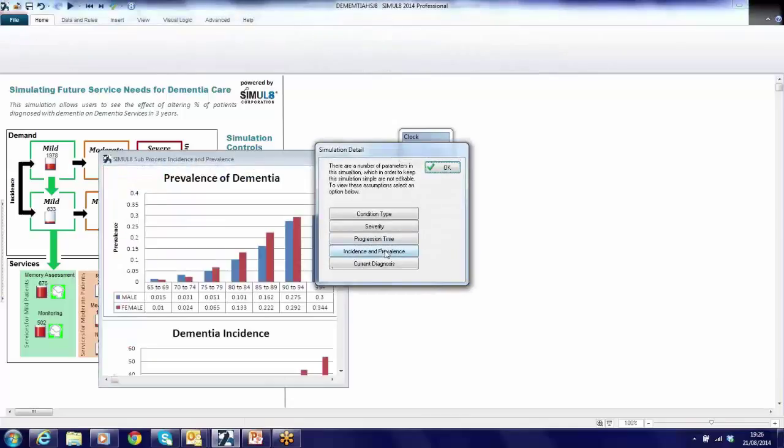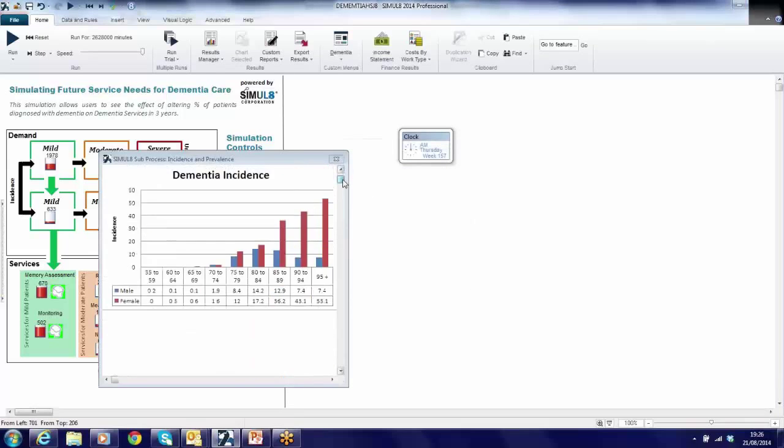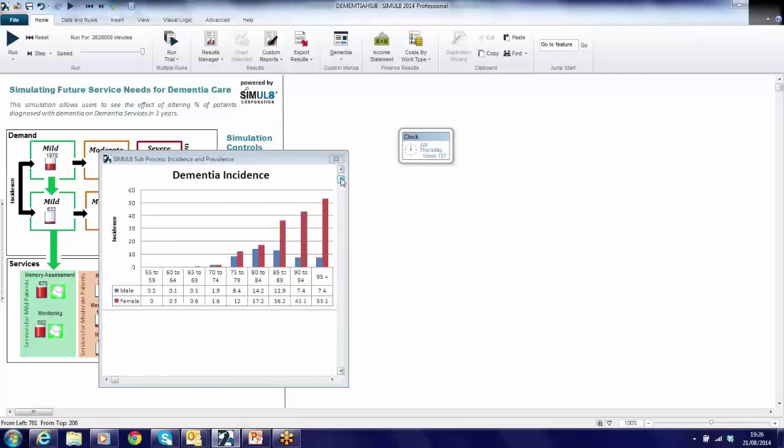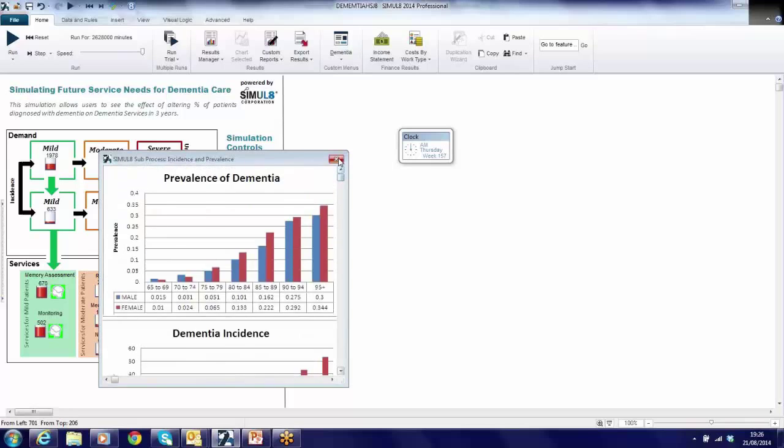The next part of the detail is looking at incidence and prevalence, and that's being used in the model as well. So of course we're looking at total prevalence, but also incidence.